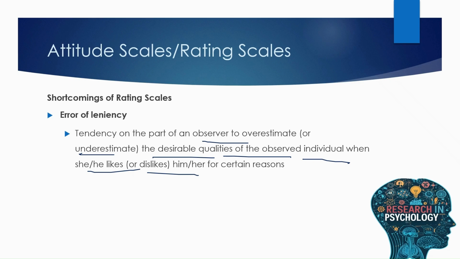Or if I like a person, I am going to overestimate the person, just because I like the person. So this is called error of leniency. We are always going to be lenient towards someone we prefer or like. It is similar to halo effect, but here we are going to not care about the negative characteristics or negative features of an individual just because we like them.